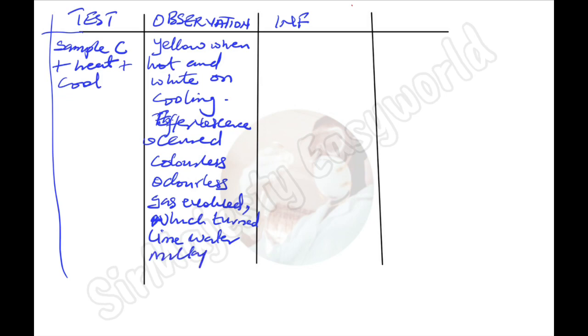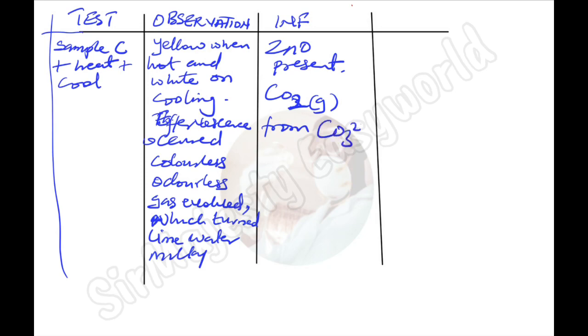So your inference is just zinc oxide, probably. Say zinc oxide present, CO2 gas from probably CO3, that's trioxocarbonate(IV) ion, or hydrogen trioxocarbonate(IV) ion.